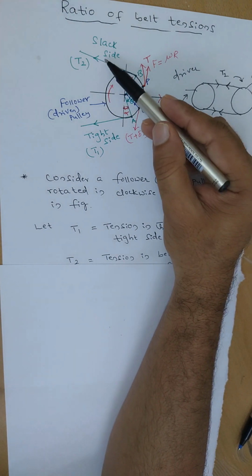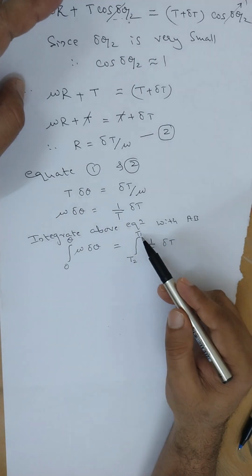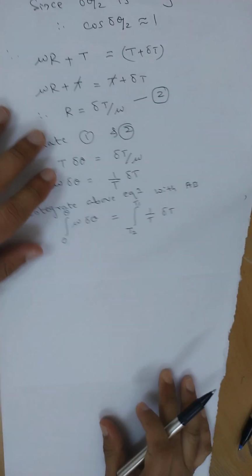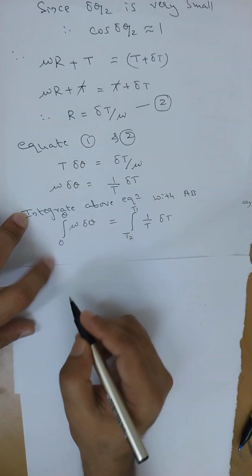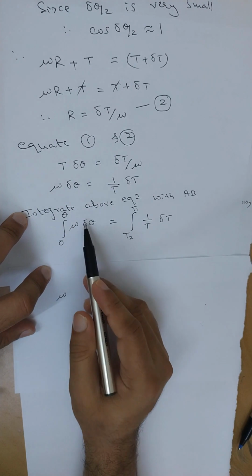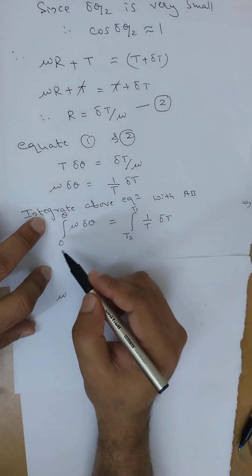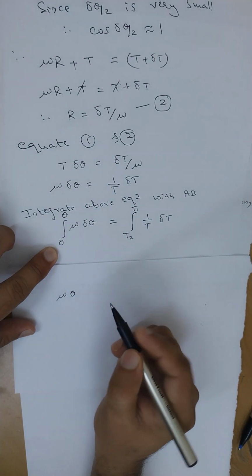This is T2 slack side, this is T1, so that's why I wrote T2 as lower limit and T1 as upper limit. Now simplify further: mu, if you take outside, the integration of 1 is theta, that is mu into theta. If you substitute lower limit and upper limit, we will get theta.